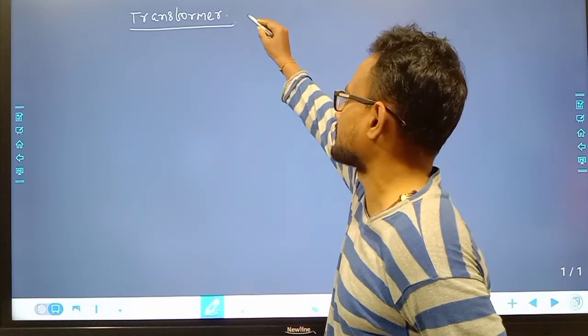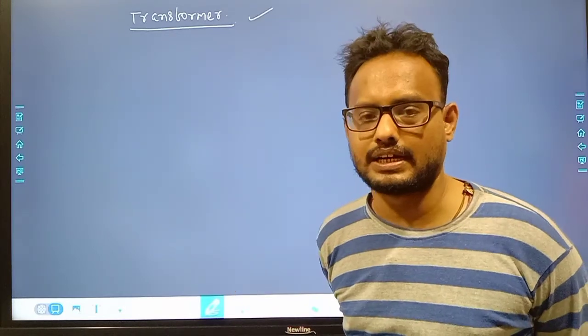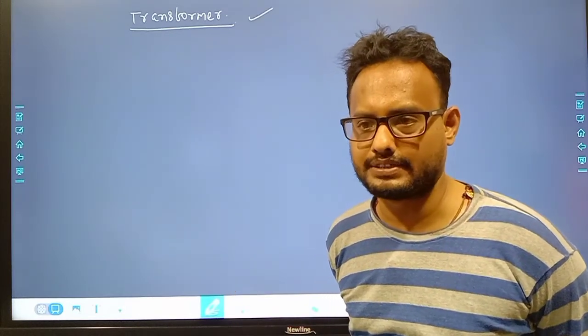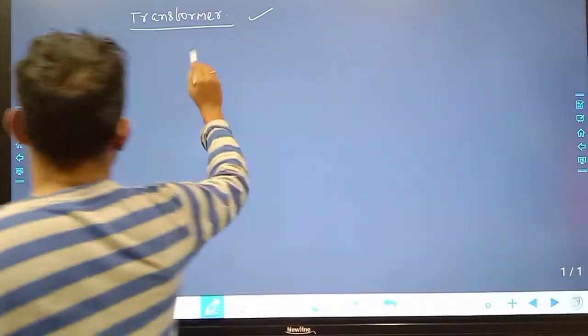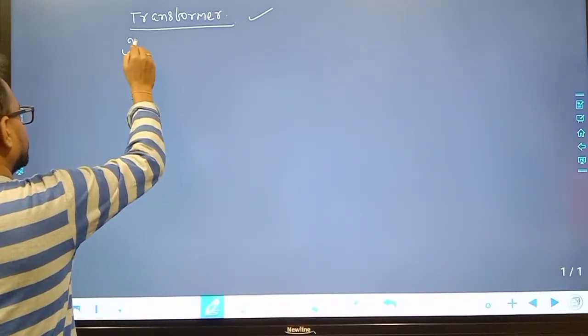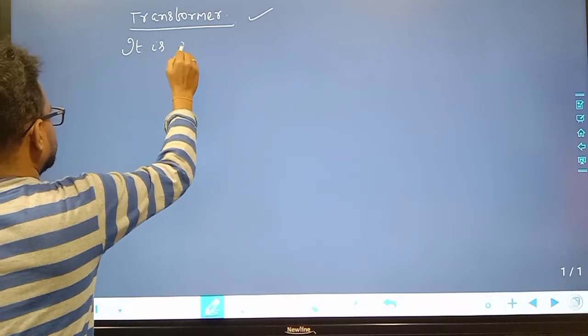So what is its theory and formula? So this is common to all types of devices, that is meter bridge, potentiometer, moving coil galvanometer. Now there is a new device, transformer. So transformer is an electrical device.